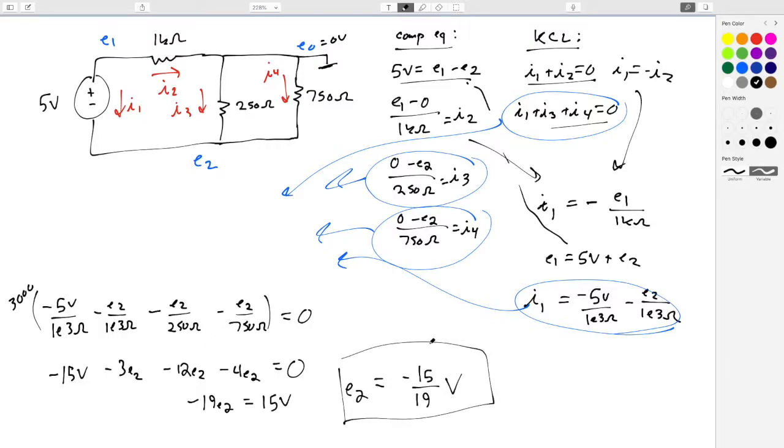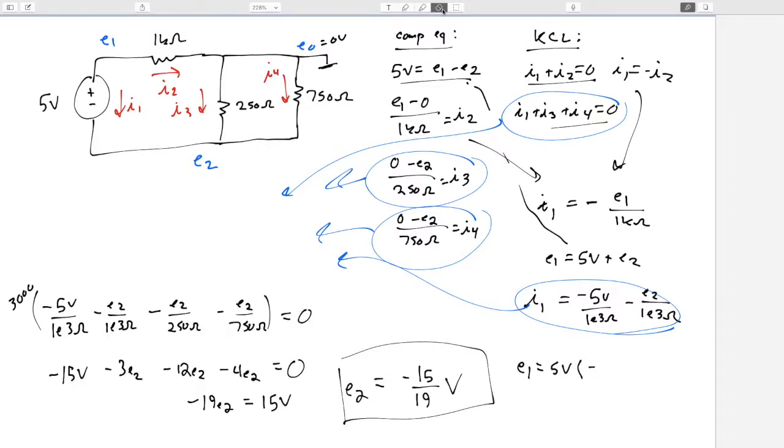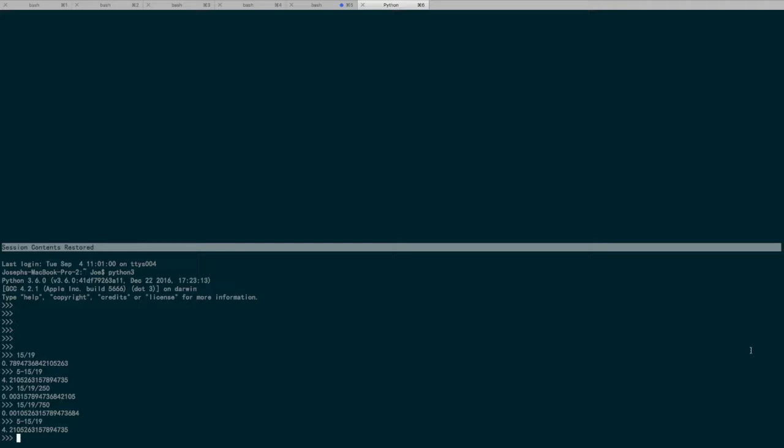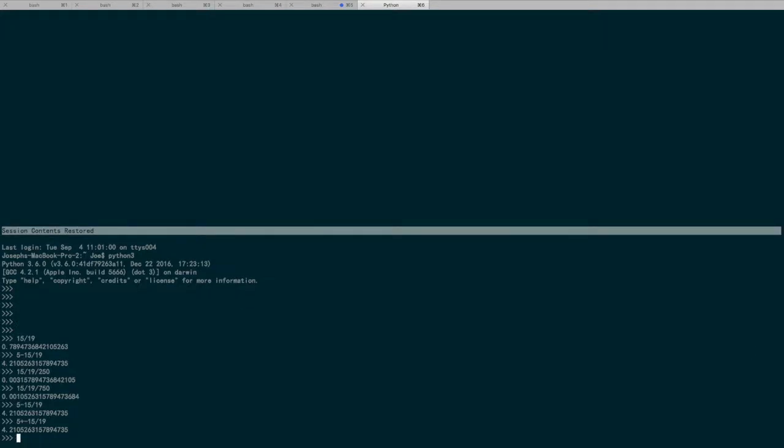All right. And what do we know now? E1 equals 5 volts plus E2, right? Plus negative 15 over 19 volts equals what? 4.21.